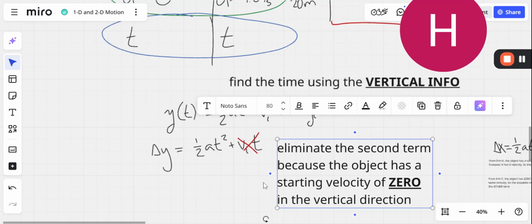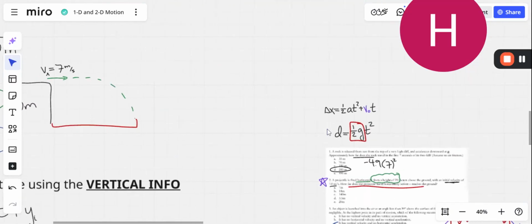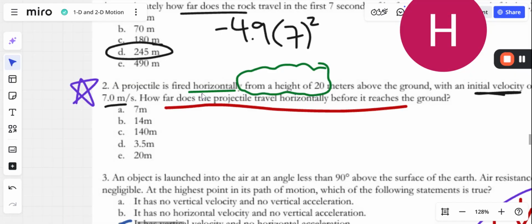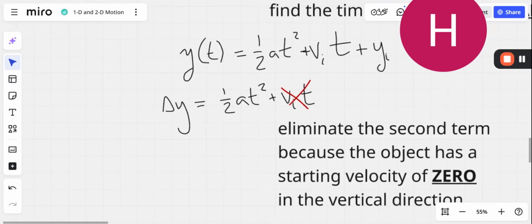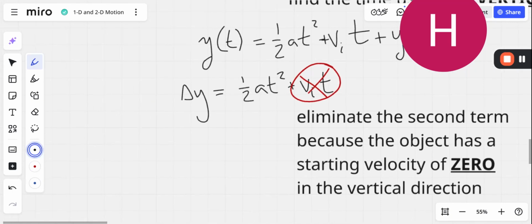Now you might say, what are you talking about, the velocity is 0? It's not 0, it's 7 meters per second. Didn't we just read that? It is 7 meters per second, but it's fired horizontally, which means none of that 7 meters per second is at all contributing to the vertical velocity. So conveniently, this entire term just drops out because 0 initial velocity times the time will always be 0.